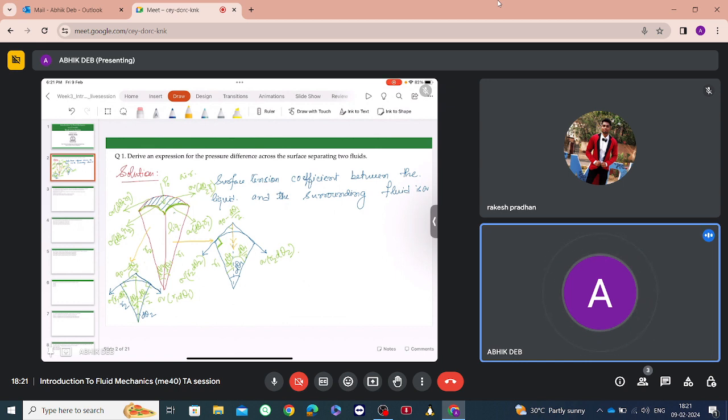Similar is here also. Sigma r1 d theta 1 cos of 90 minus d theta 2 by 2 will be acting in the downward direction.